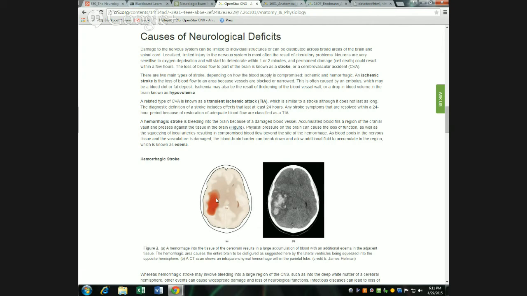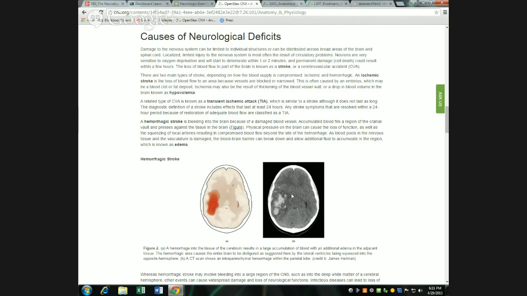Wherever that blood vessel was headed, the downstream targets of that are not going to get their blood supply. Kind of like an ischemic stroke, but with a hemorrhagic stroke, it's not just certain areas are starved of oxygen, also other areas are flooded with blood. And that would mean that the blood-brain barrier has been compromised, and so there are all sorts of other problems that can be associated with that.